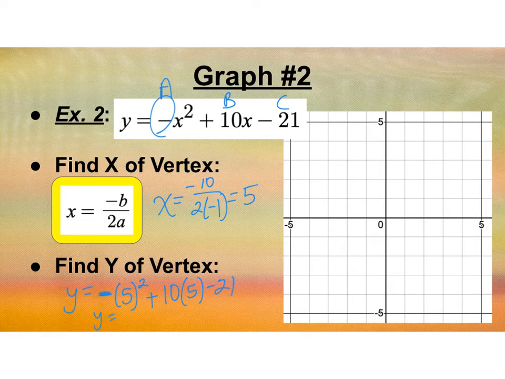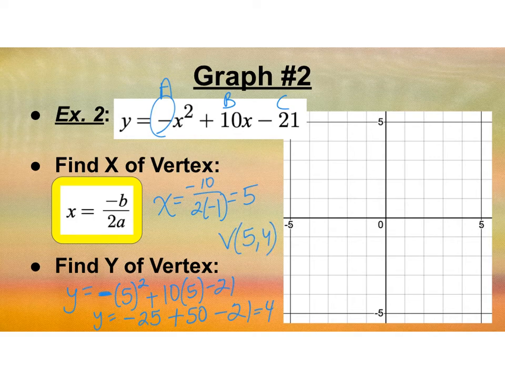So y equals 5 squared is 25, but I want the opposite. So we're looking at a -25 plus 50 minus 21. -25 plus 50 is 25. 25 minus 21 is 4. So my vertex is (5, 4).